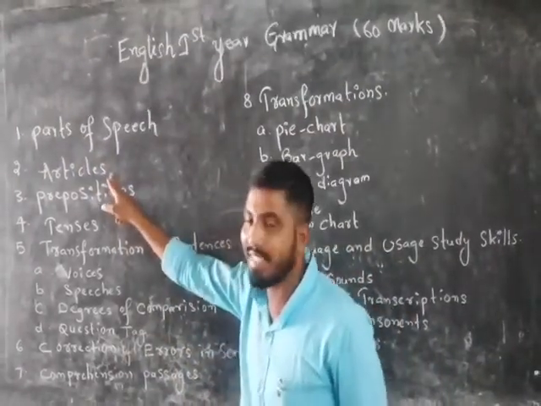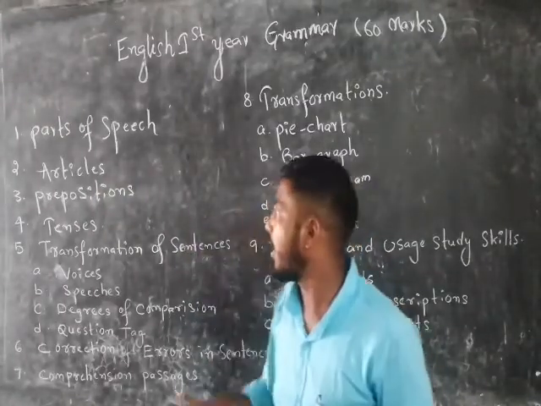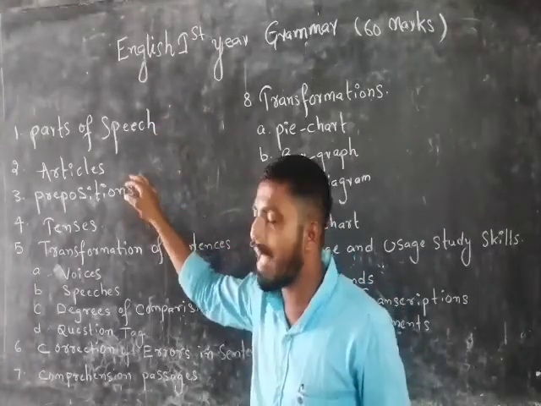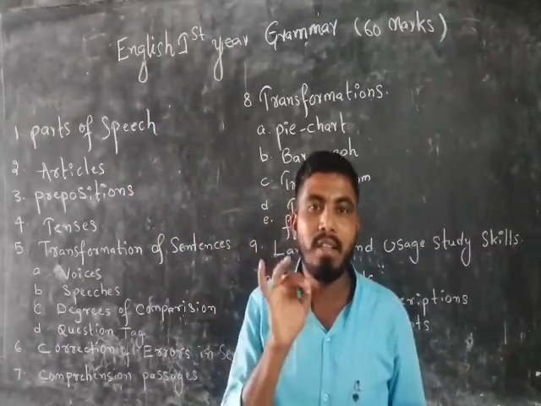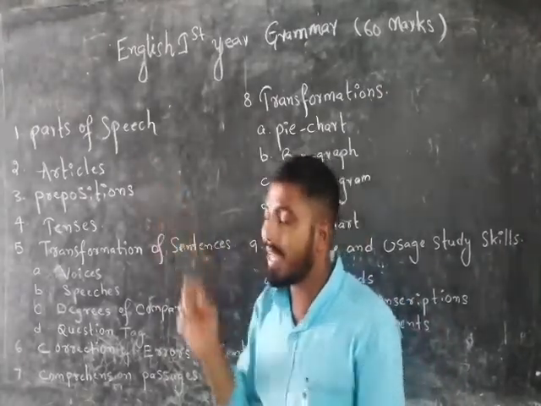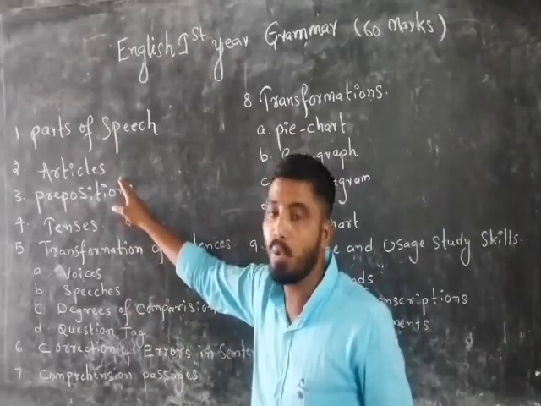Next one, articles. Articles are also called determiners in English. In English, there are three articles: a, an and the. These articles are classified into two types.